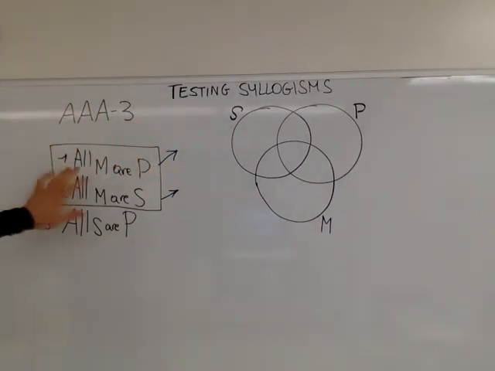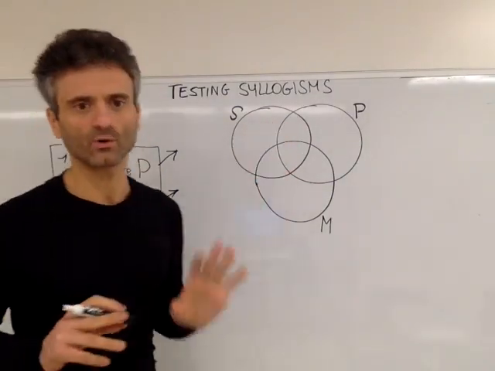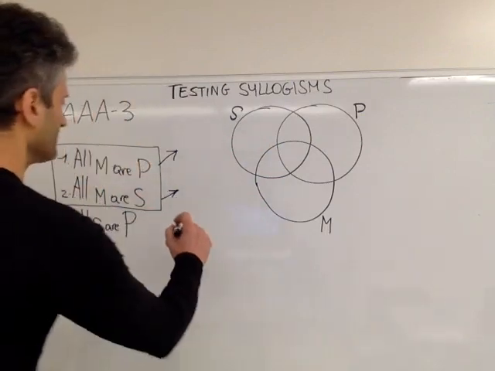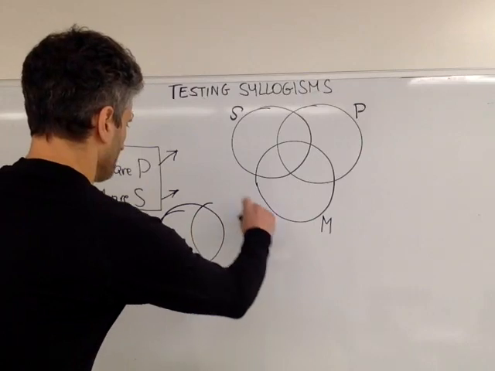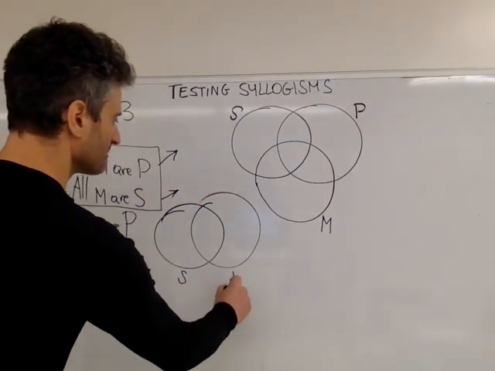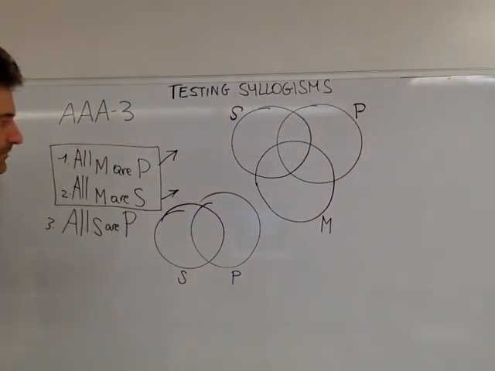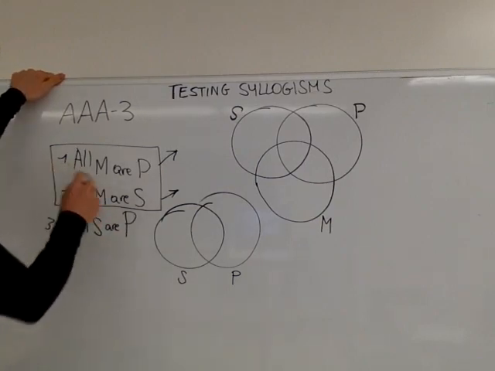So let me start with number 1. Now, when I say that we have to diagram number 1 inside here, what do I mean? Well, I mean exactly this. This is S, the subject, and this is the predicate. First premise is an A form premise.